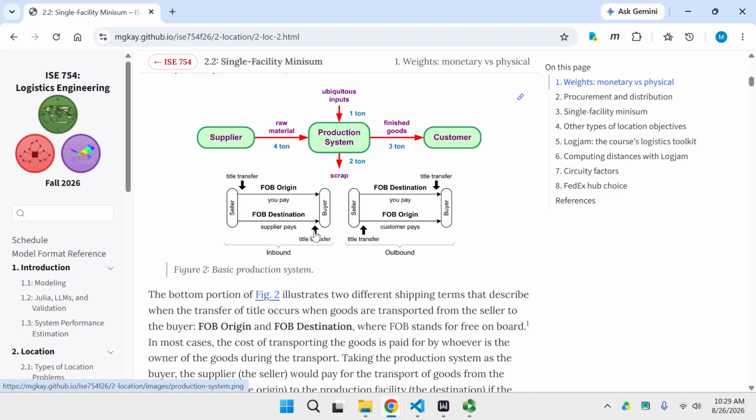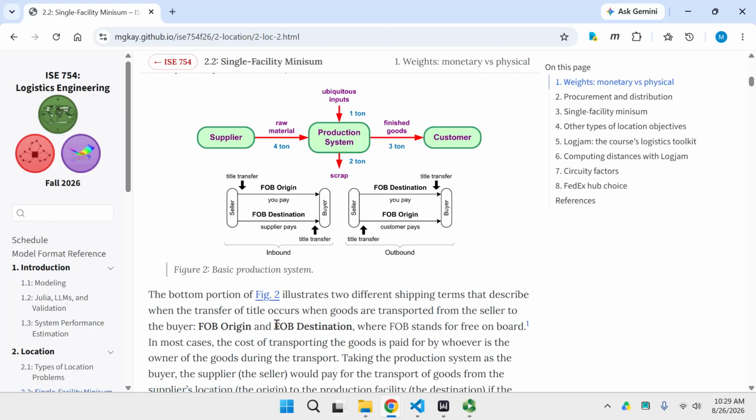Whereas if it's the seller's product all the way till it reaches the buyer, now the seller is on the hook for making up the lost product, and the buyer would not be affected. And then we have a symmetric thing that happens on the outbound side.